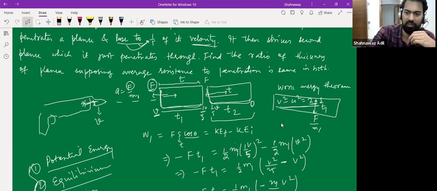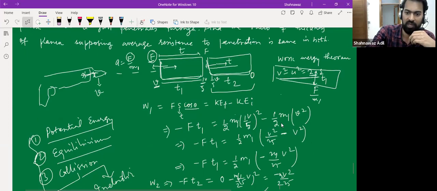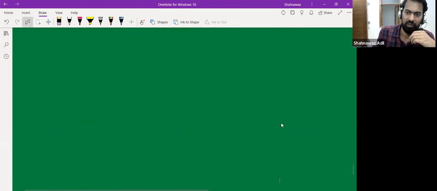If you see the third equation of motion, what do we have? We have v square minus u square is 2as, right?